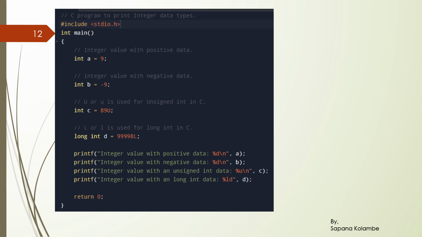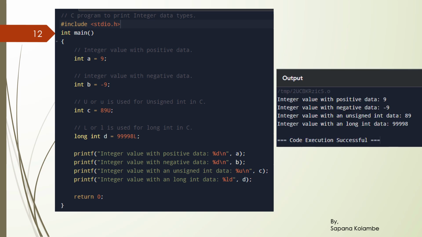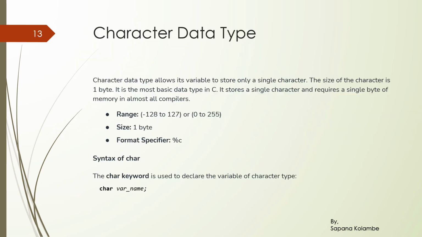And the d variable is a long integer because we have specified L here. L is for long integer, and that's why the value is assigned like this, and this is the output of the program. So according to the different integer sizes of the numbers, the format specifier may change, and accordingly you have to assign the value.